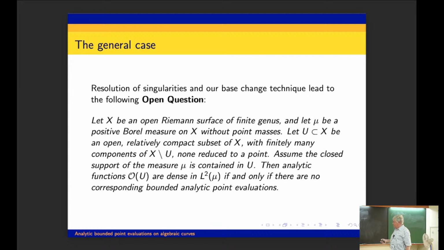That means you have this open set which doesn't have finitely many components and is not reduced to a point. You have a measure supported there, and then the analytic functions, which are the analog of polynomials, are dense there, so the global functions, if and only if there are no bounded point evaluations. So that's a question of Christoffel function evaluation, and is open.